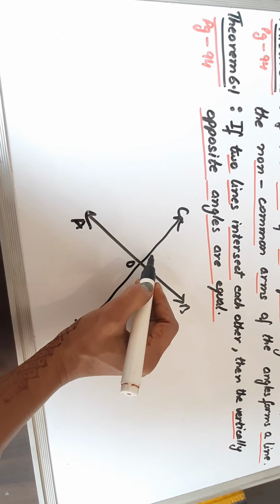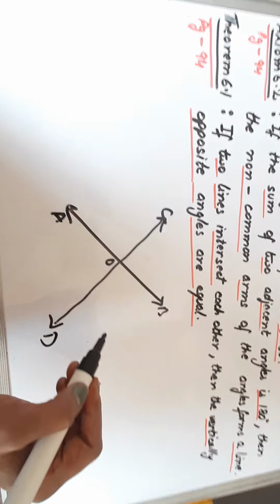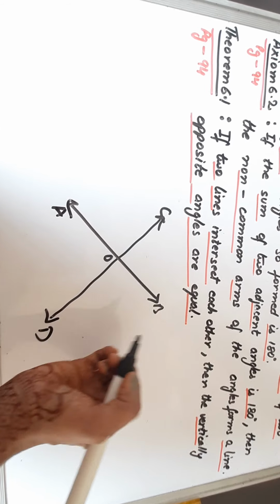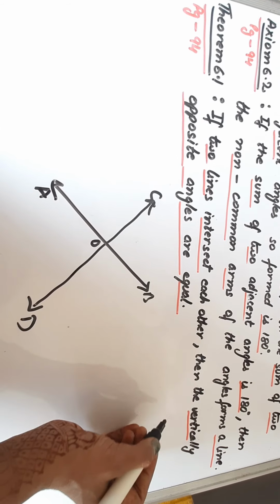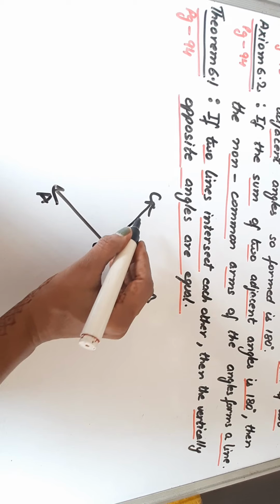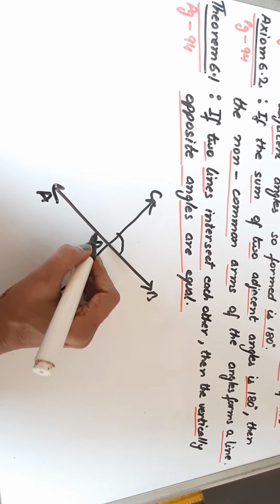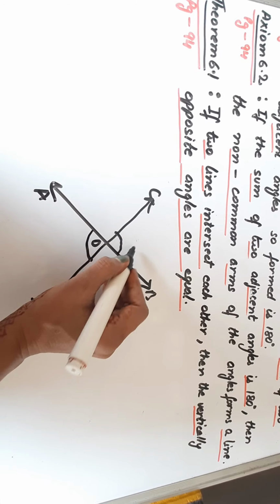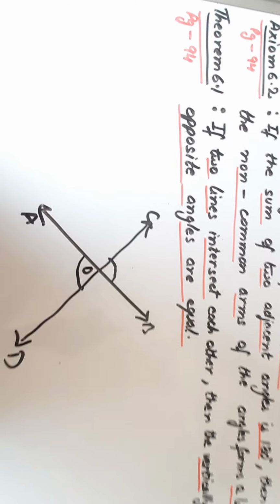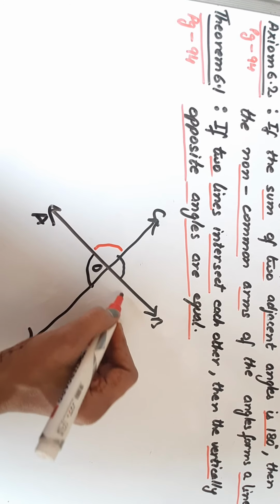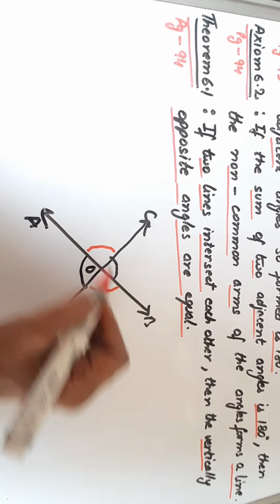If they intersect each other, means if they cut each other, then the vertically opposite angles are equal. Vertically opposite angles. Vertically means the angles formed at the vertex, like this is vertically opposite to this angle, so these two will be equal, and this angle is opposite to this, so these two will be equal.